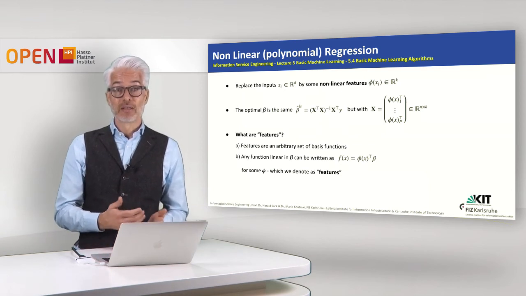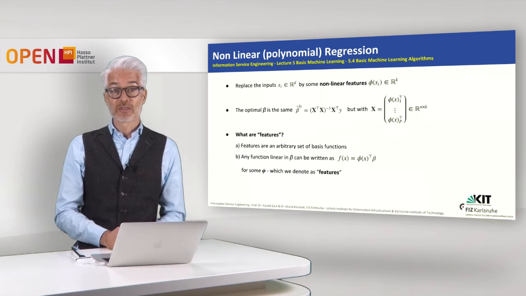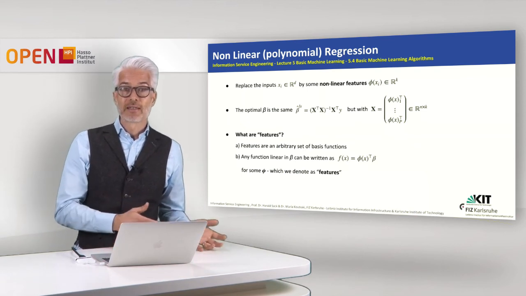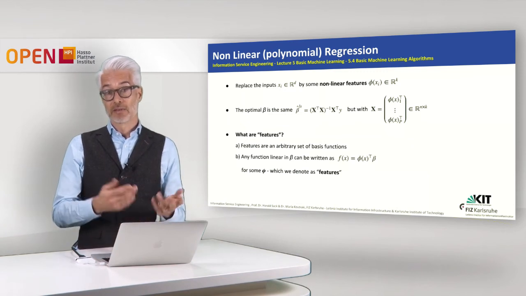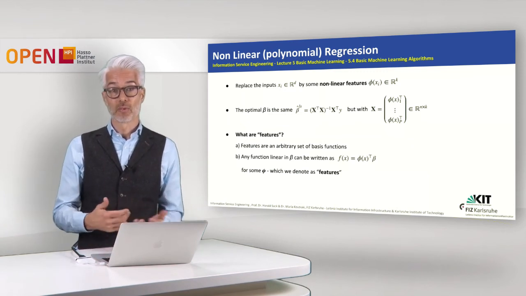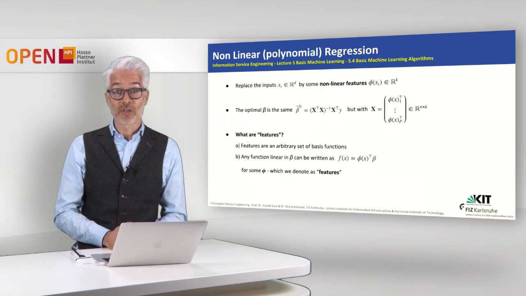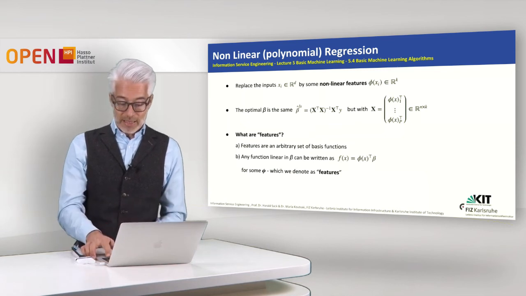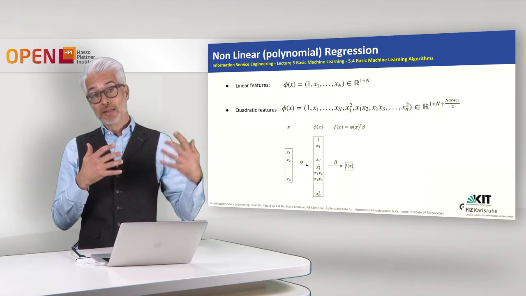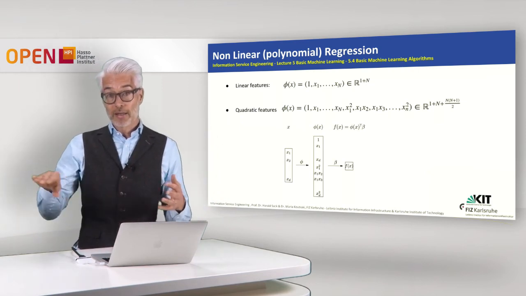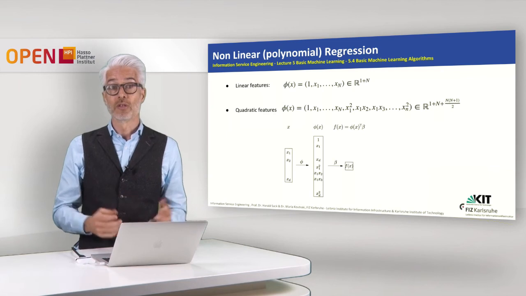Features are an arbitrary set of base functions, and each function is linear in beta, and it can be written as phi of x transposed, inner product with beta, and this is denoted as some feature. So based on that, instead of doing linear regression where you're looking for a line, you can look for a curve, which is a polynomial.